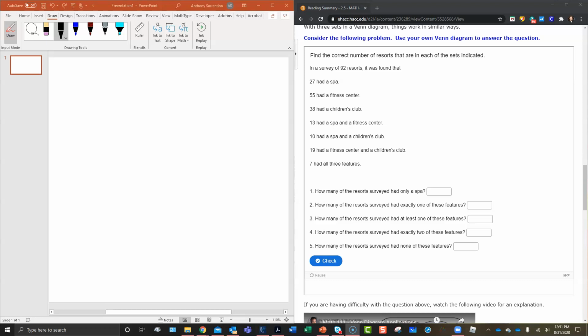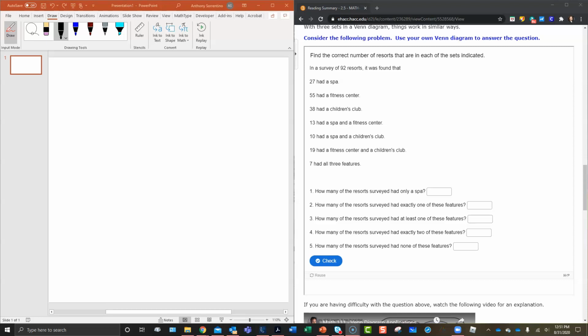So you're using the numbers that are there, and if you totaled up the numbers within these three overlapping circles in a Venn diagram, you would probably have a total that's over 92. And there's only 92 resorts on this list. So that would be a giveaway that you might be heading in the wrong direction.